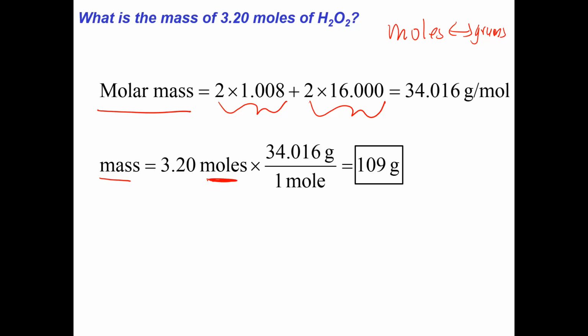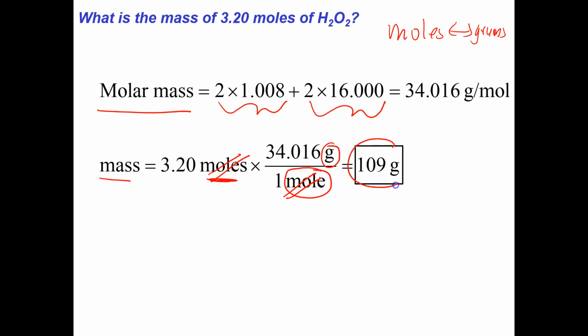So now I want to calculate the mass, but I'm given the moles. So I'm going to need to multiply by the conversion factor that cancels moles and leaves me with grams. So I know that there are 34.016 grams in every 1 mole. So by multiplying by this conversion factor, moles will cancel out, leaving me with grams.